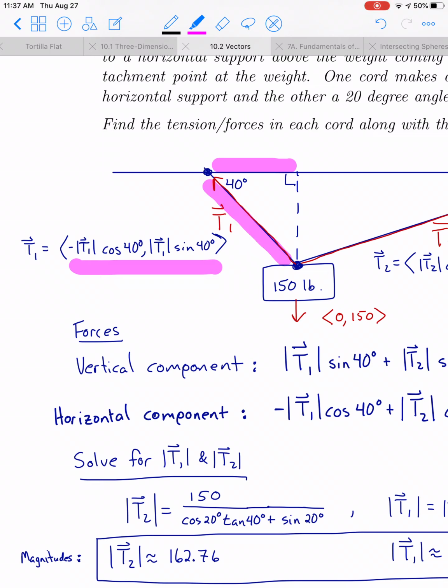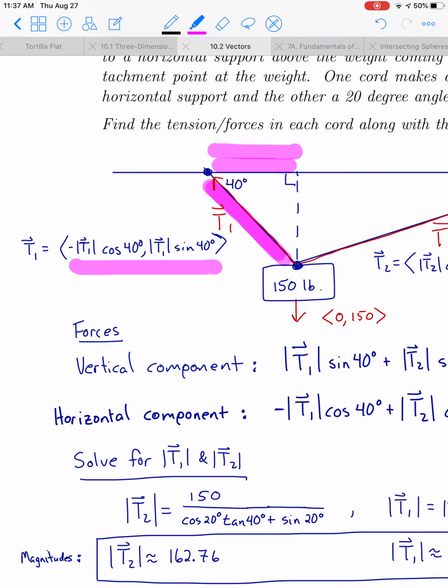So the horizontal component of this force, T1, is equal to cosine of 40 degrees times the hypotenuse.